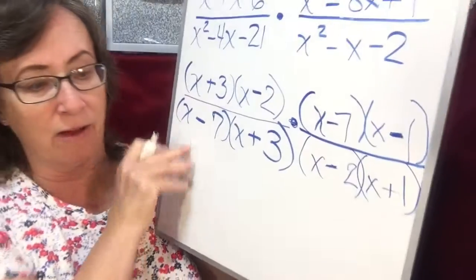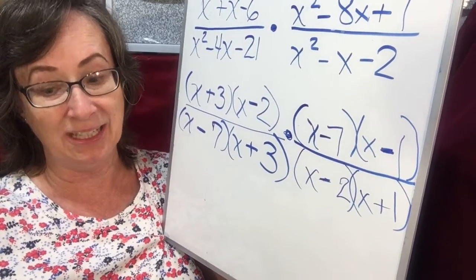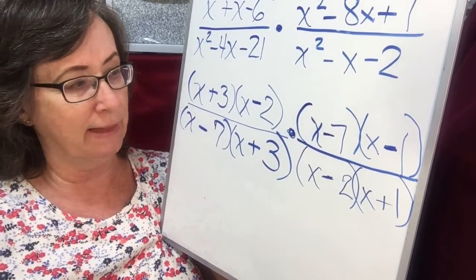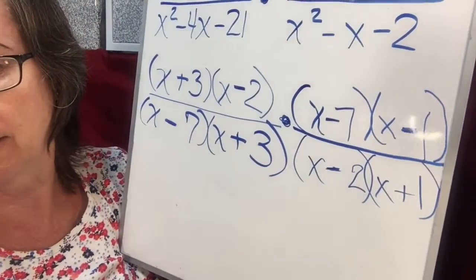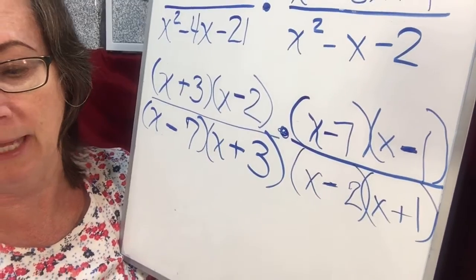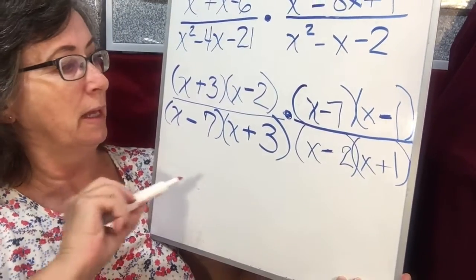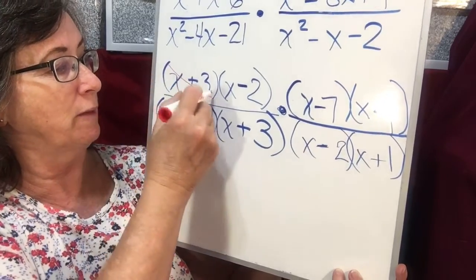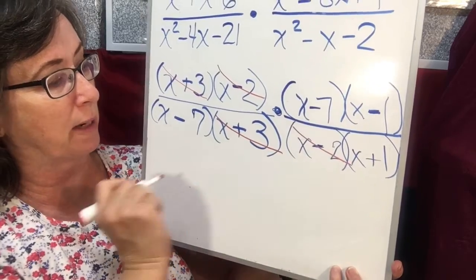Okay, so now we're going to get a different marker and cancel everything that will cancel. So let me get something that'll stand out here, like red maybe, and we'll play the canceling game. All right, we have an x plus 3 and an x plus 3. We have an x minus 2 and an x minus 2.